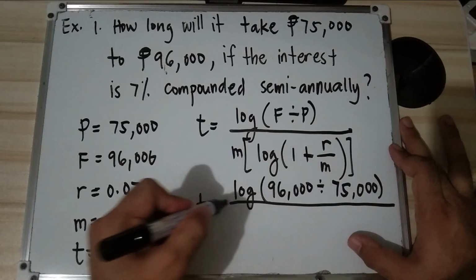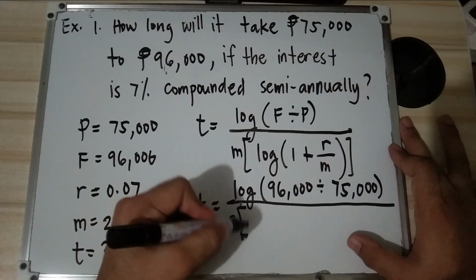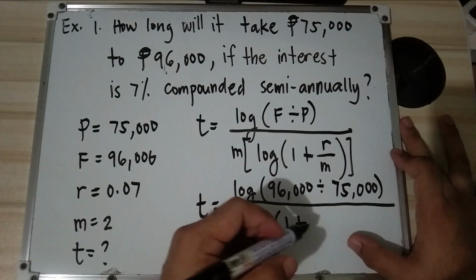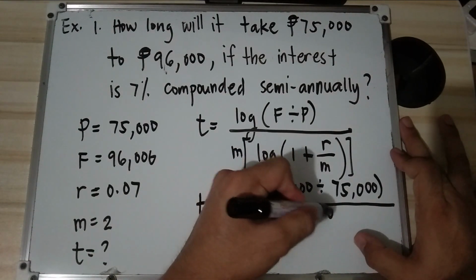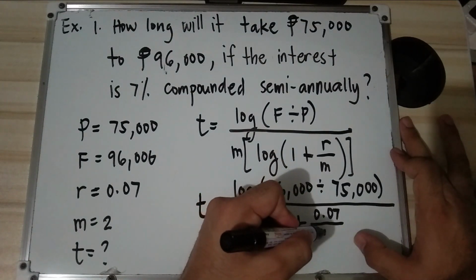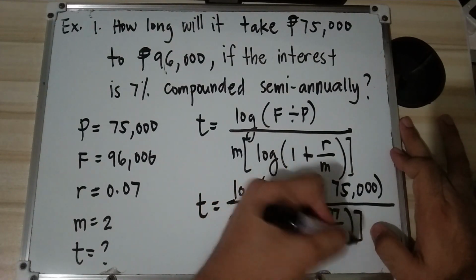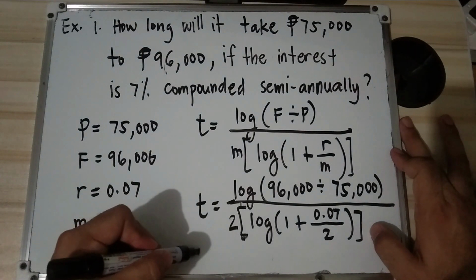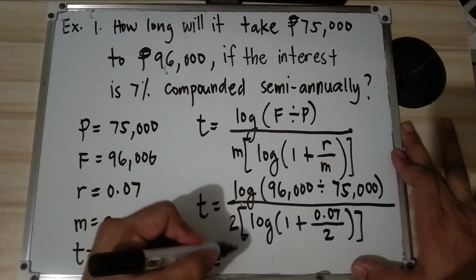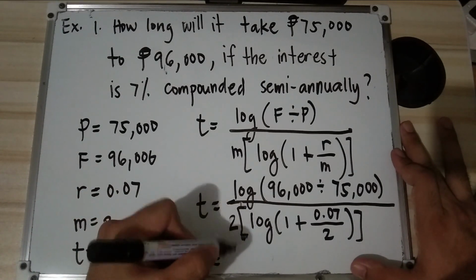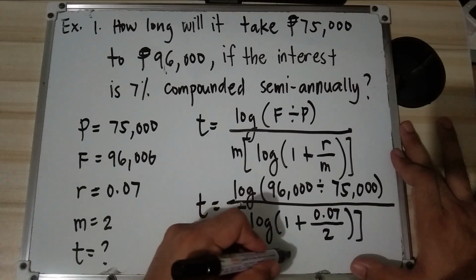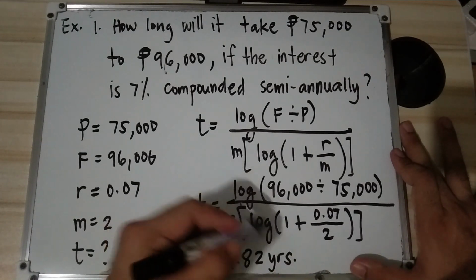Over 2 times log of 1 plus R, 0.07 over 2. Okay. So, yung value ng time dyan na lalabas is 1.82. Then, in terms of years siya. So, 1.82 years. Okay.